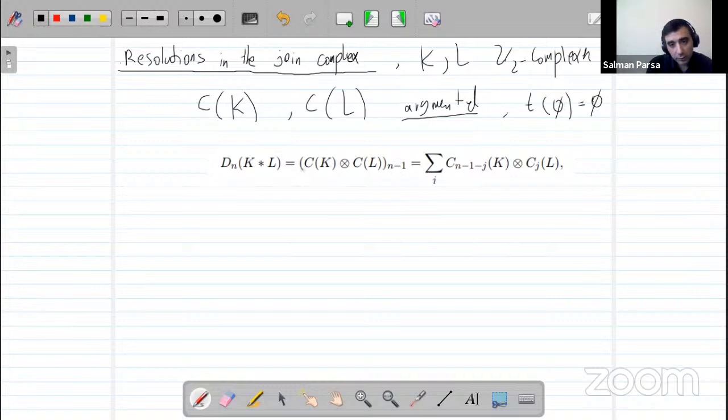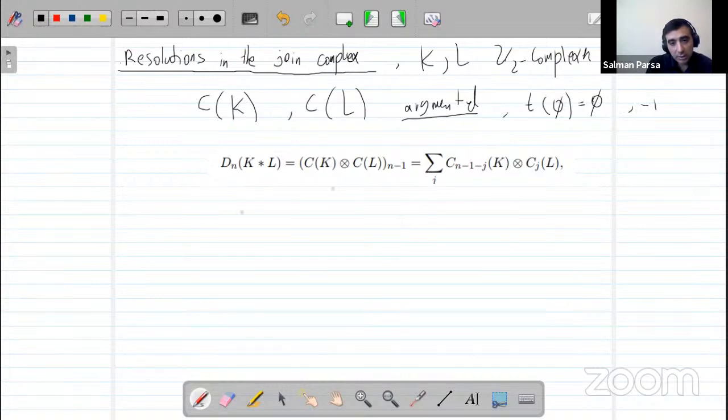Usually you take n when you have a product, but because it's a join, you take n-1. And the empty cell is counted as dimension -1.